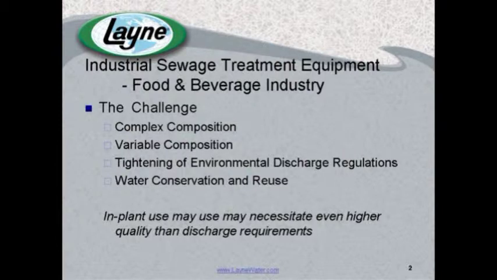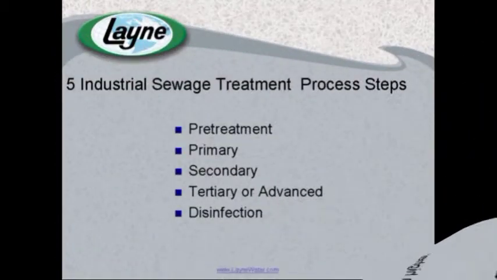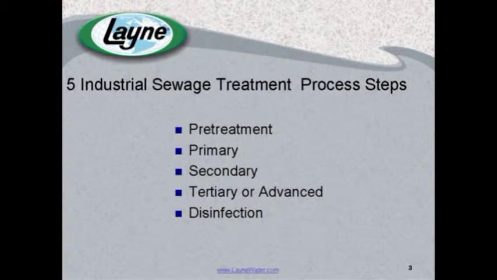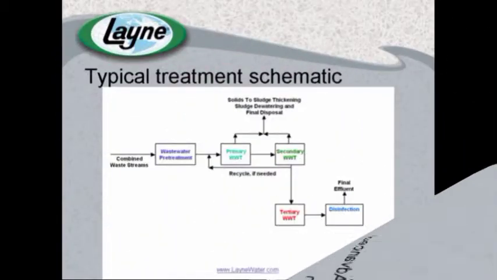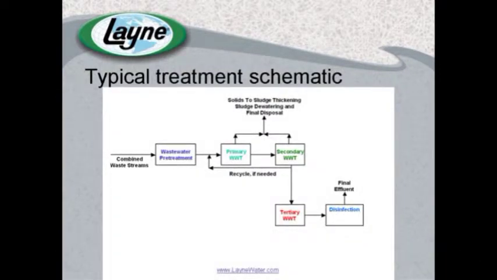So let's take a look at the 5 overall steps in the industrial sewage treatment process. They are the pre-treatment process, then the primary treatment, secondary treatment, tertiary, what some would refer to as advanced treatment, and then disinfection. So if you have your combined waste stream, everything that's coming through the plant, it'll all head into the pre-treatment section.